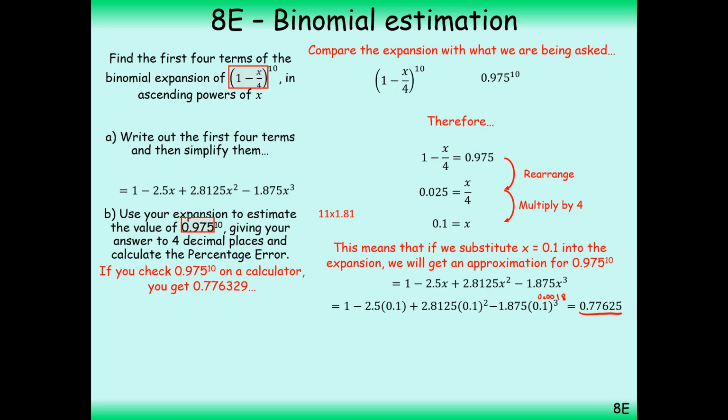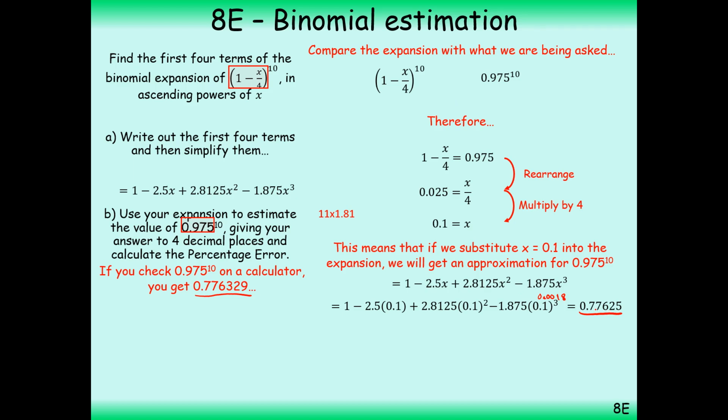Now, we need to know the actual or correct value before we can calculate the percentage error. So you actually have to evaluate it on your calculator, and that's fine. What you'll get is 0.776329. Notice it's almost the same up to 3 decimal places.